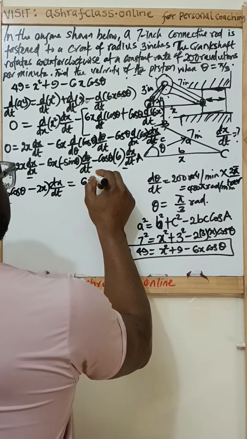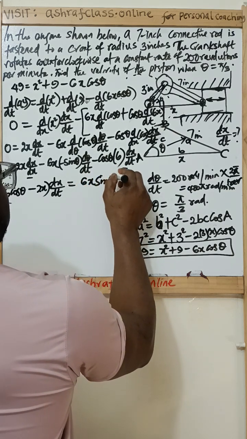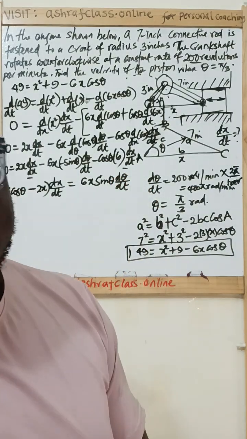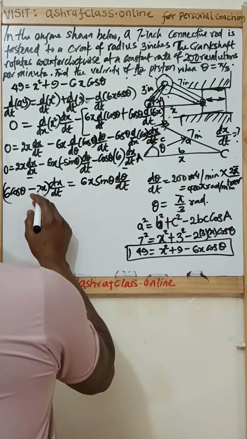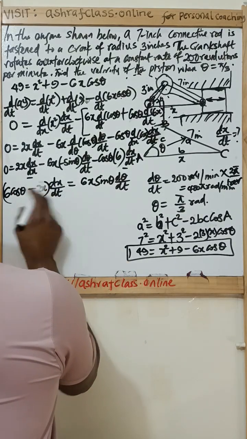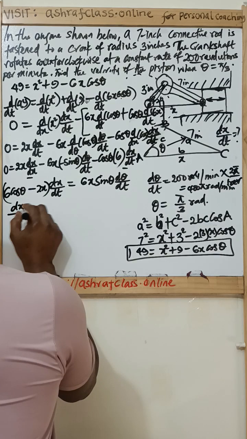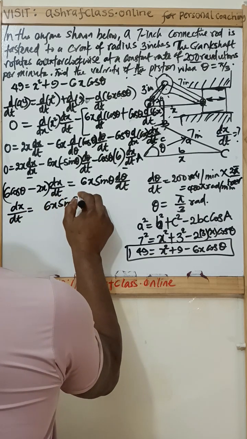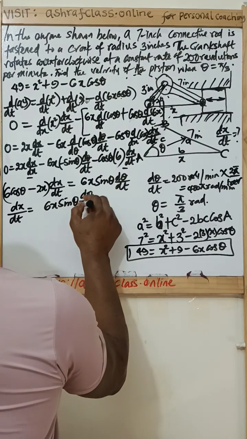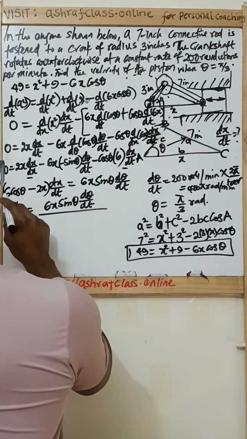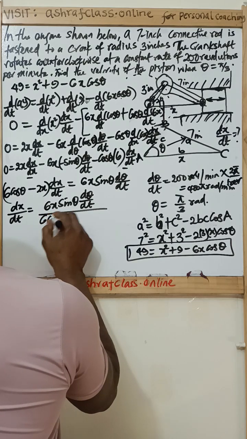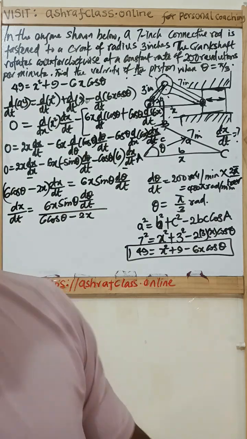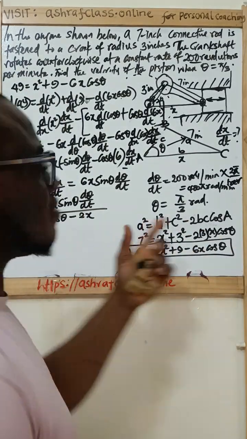So we have 6x sine theta, d theta dt. Okay? That's what we are left with there. So this one now we factorize, that's why we have it like that. So dx dt from here will be 6x sine theta, d theta dt, all over 6 cos theta minus 2x.